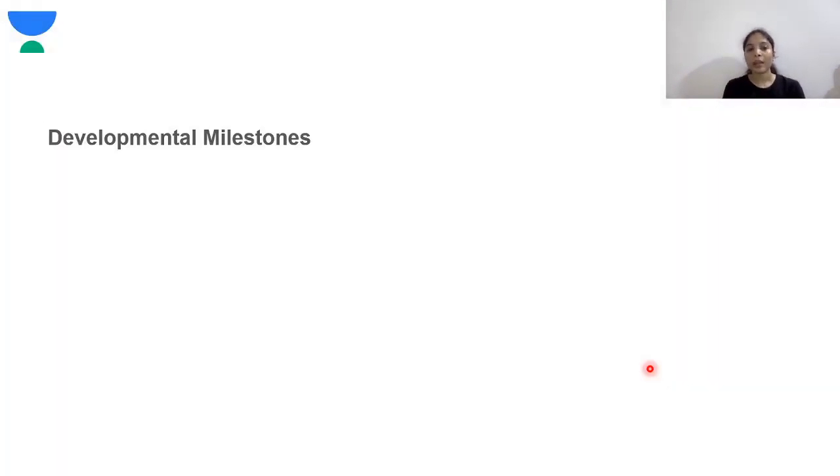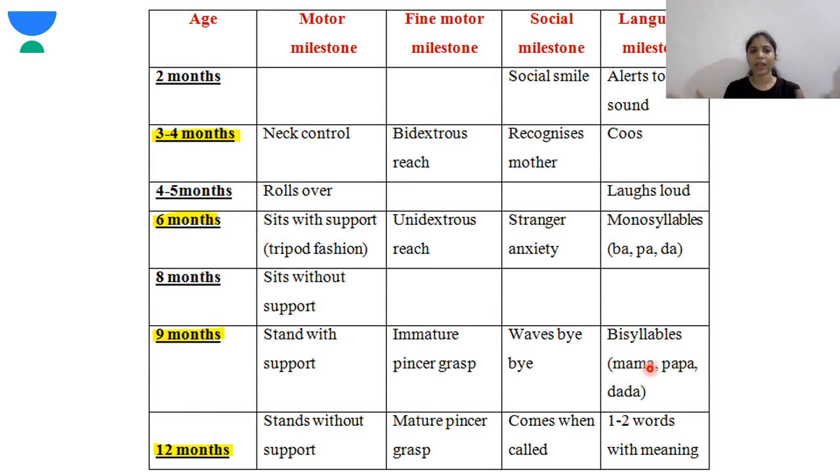Now coming to developmental milestones. Here I've made a chart. It might be a little confusing right now, but I am going to repeatedly discuss this topic again and again, maybe in the revision tests or at the end of certain classes, so that it becomes easy for you to remember, because you end up forgetting.